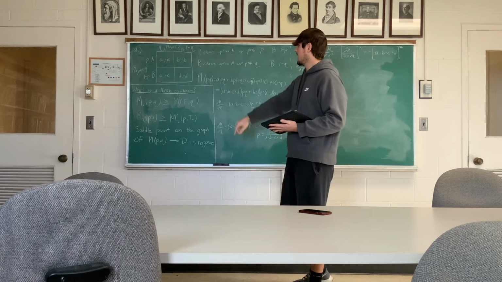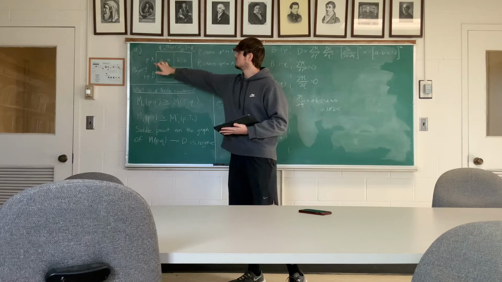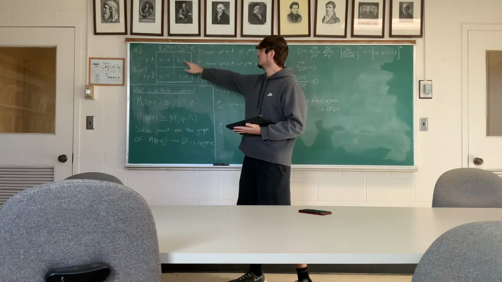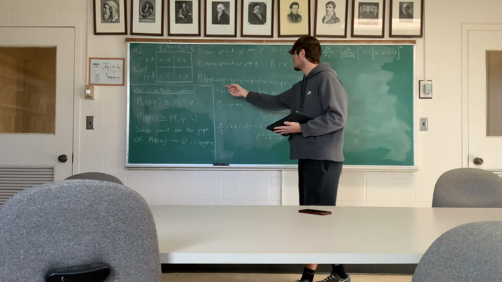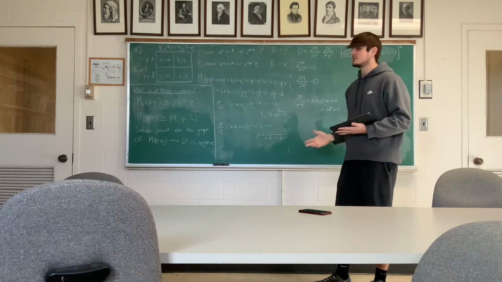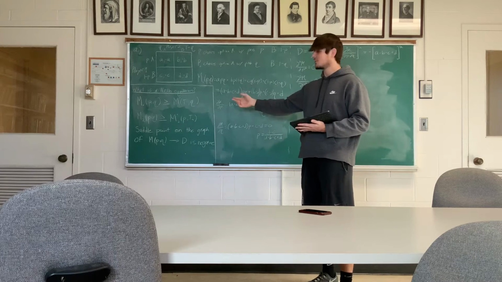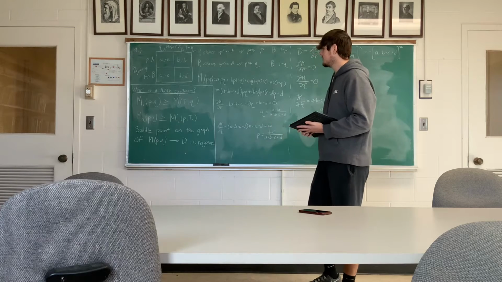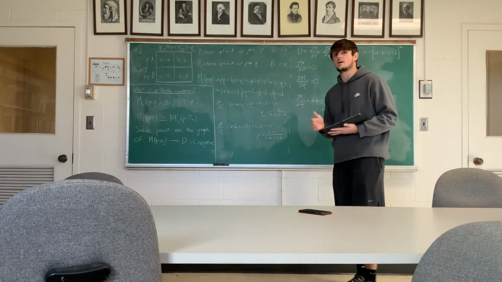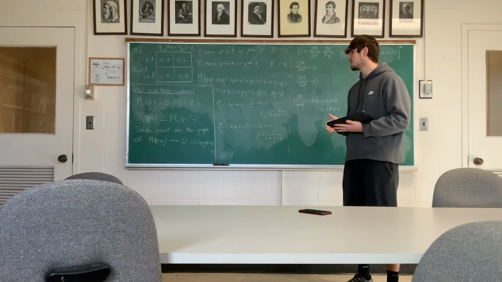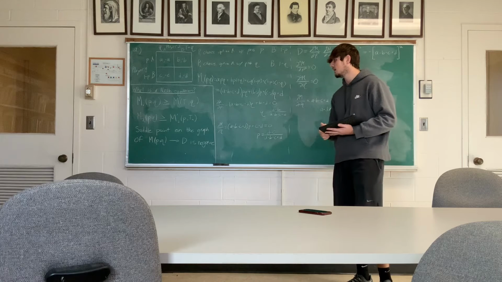Going through that, we find that the payoff function is A times P times Q, plus B times P times quantity 1 minus Q, and so on, shown right here. Simplifying this, we get the expression: quantity A minus B minus C plus D times PQ, plus quantity B minus D times P, plus quantity C minus D times Q, plus D.